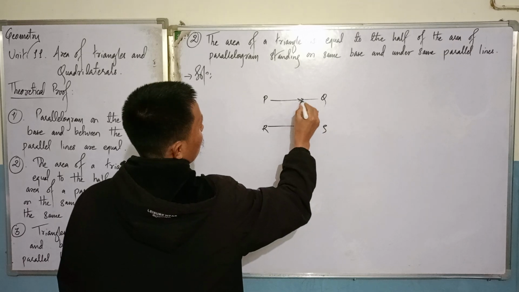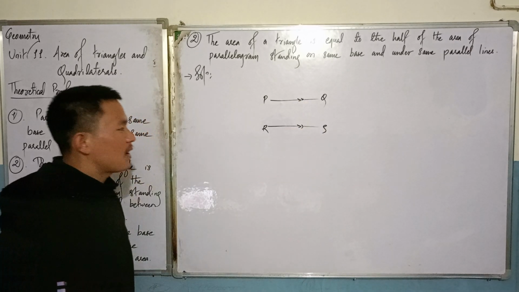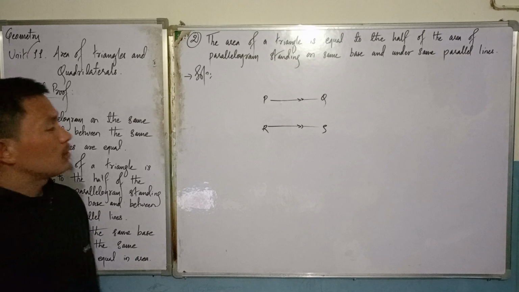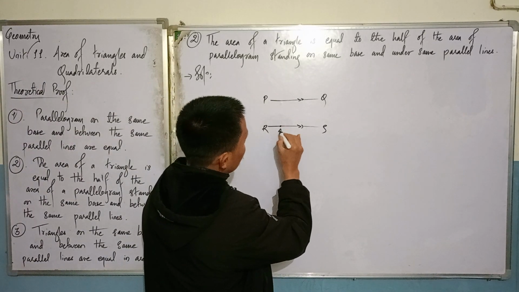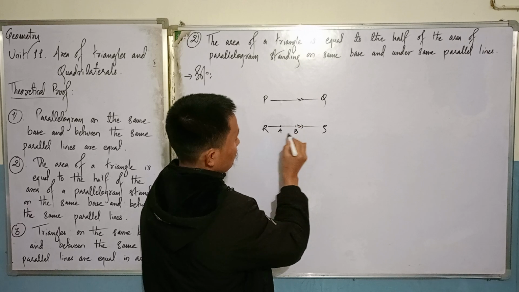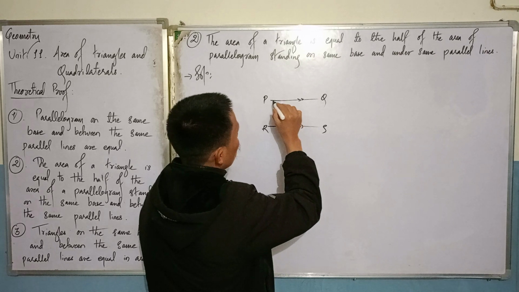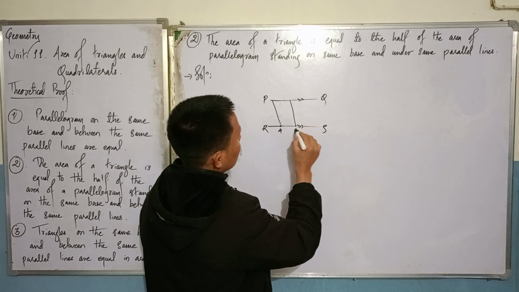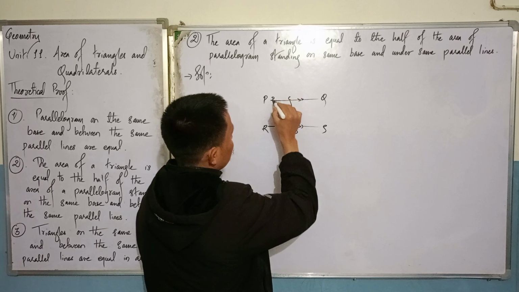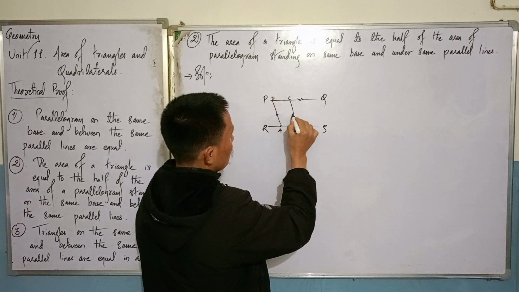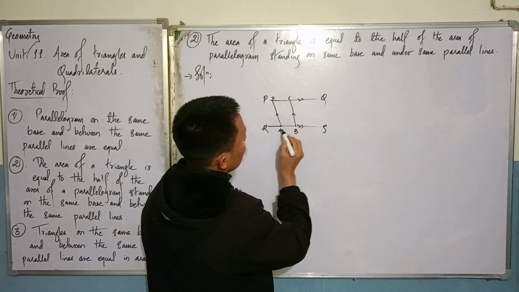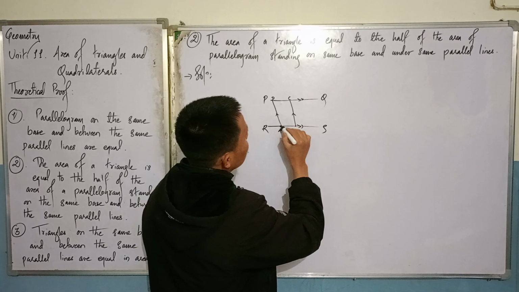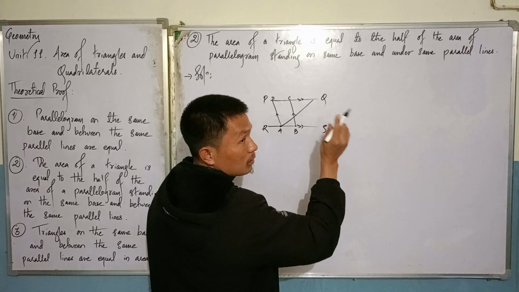Let's say those are the 2 parallel lines, and let there be a base AB. On AB, there is standing one parallelogram ABCD. And also on the same base, there is standing another triangle.